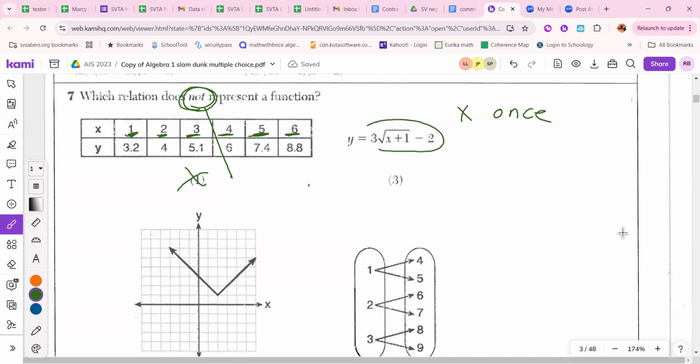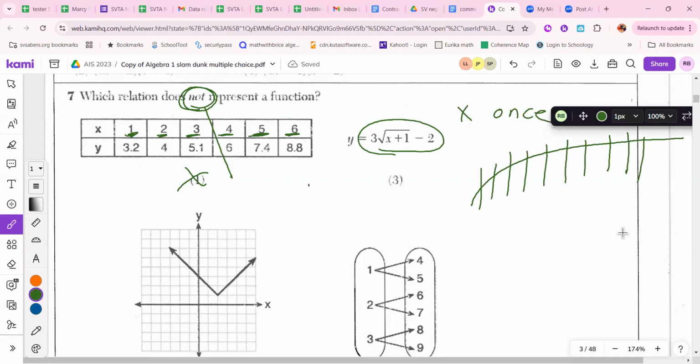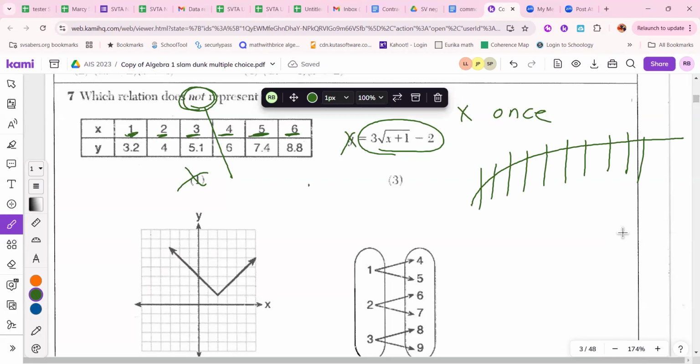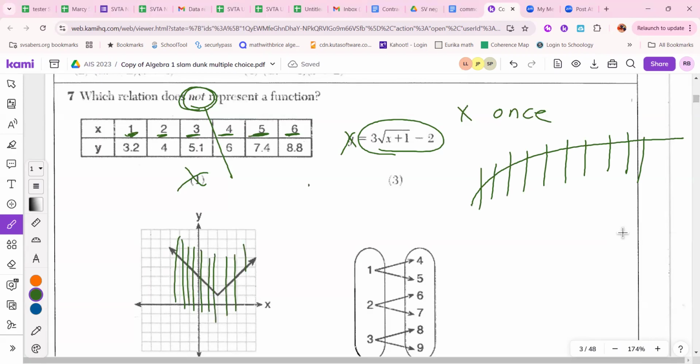When we type this into y equals and graph it, it looks like that. When we look at the table, the x's do not repeat. Here, we take a look and it passes the vertical line test. So that is a function.